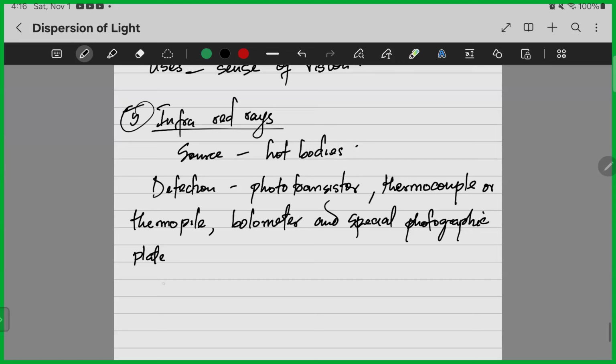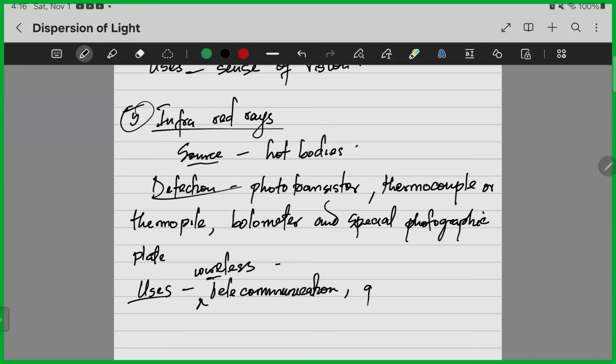So infrared rays are used in wireless telecommunication.